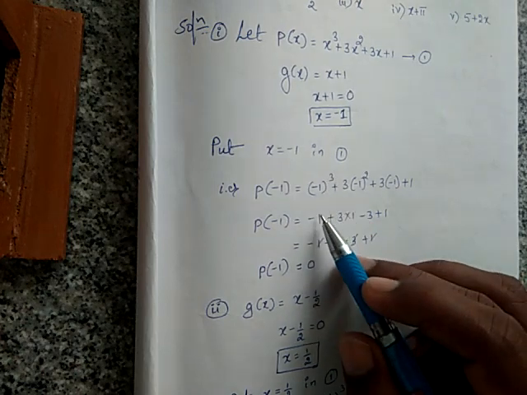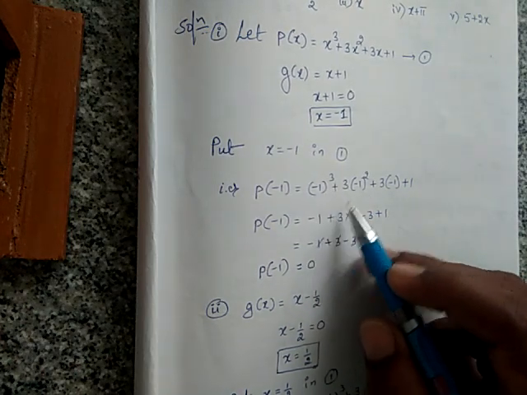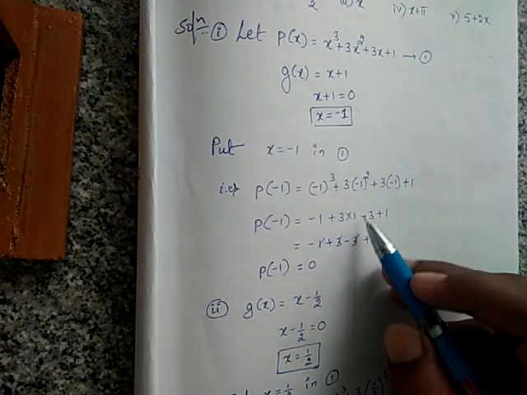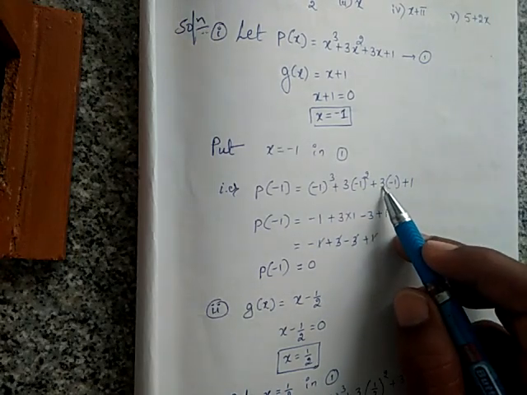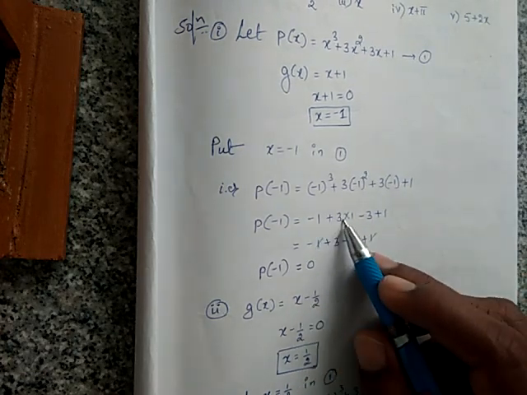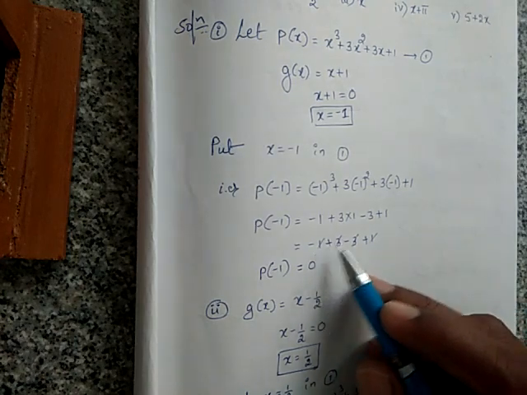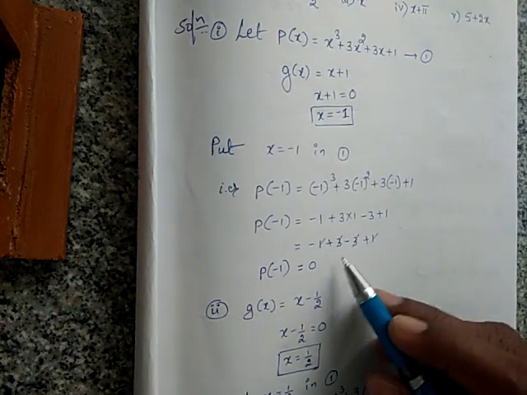Suppose it is even, plus 1 will come, but it is odd, so it is minus 1. Plus 3 into minus 1 square, even, so into 1, plus into minus is minus, so 3 into 1 is 3, plus 1. So minus 1, minus 3, plus 1. The plus 1 and minus 1 get cancelled, plus 3 and minus 3 get cancelled.